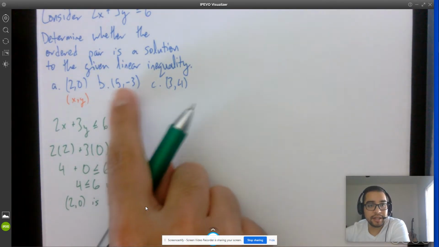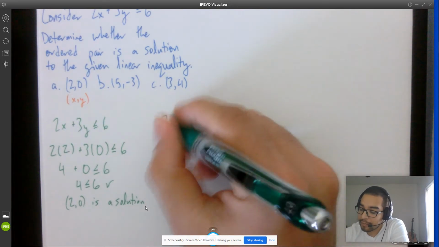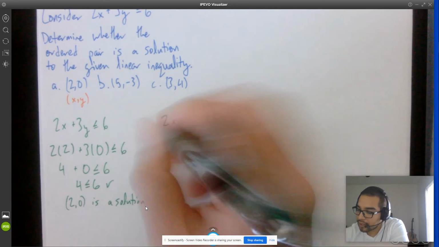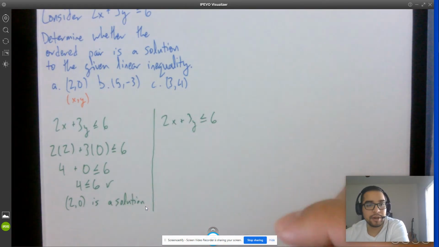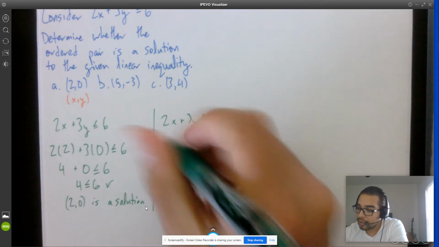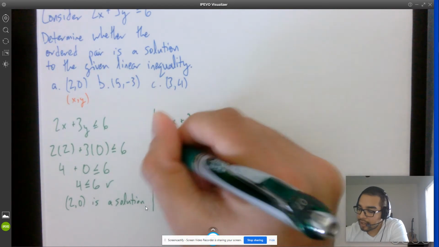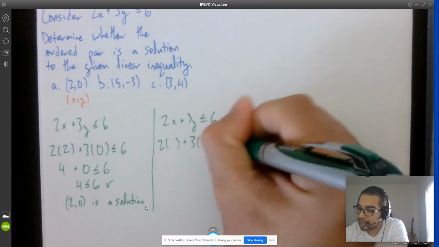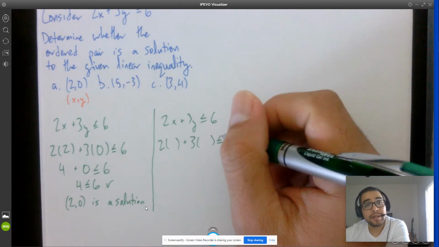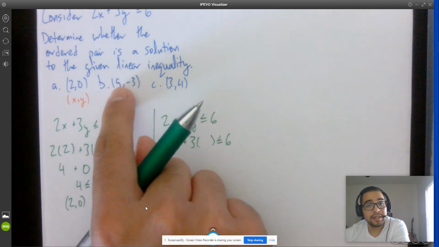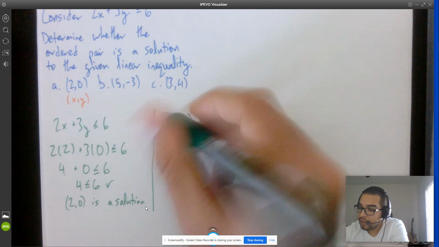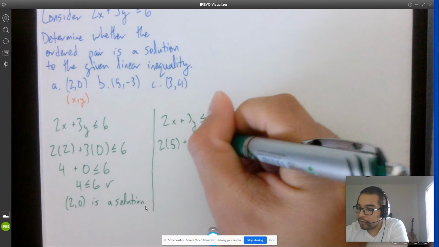Let's take a look at B. I'm using the same inequality, 2x plus 3y is less than or equal to 6. I'm going to use this line here to separate my work. So I have 2 times something plus 3 times something, all of that less than or equal to 6. I'm going to substitute this coordinate in for x and y. My x is 5. My y is -3.